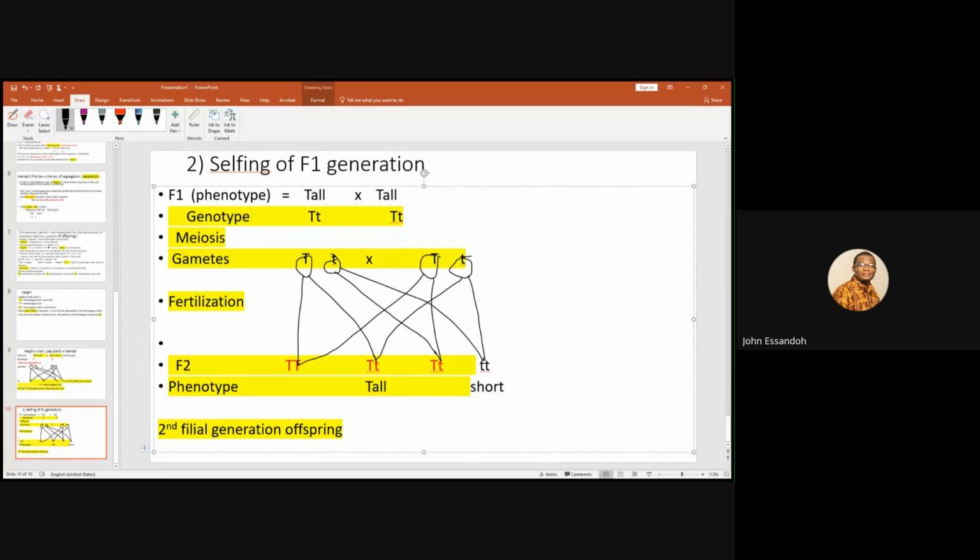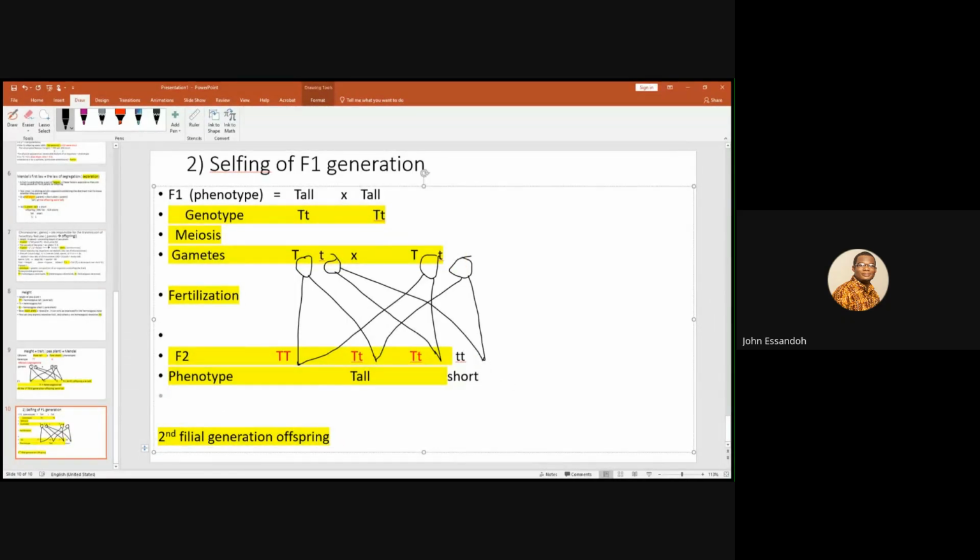So you can see the phenotypic ratio from the selfing of F1 to get F2.